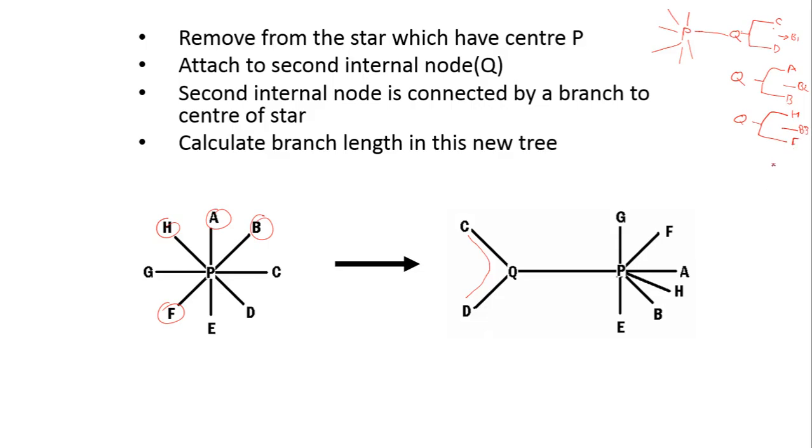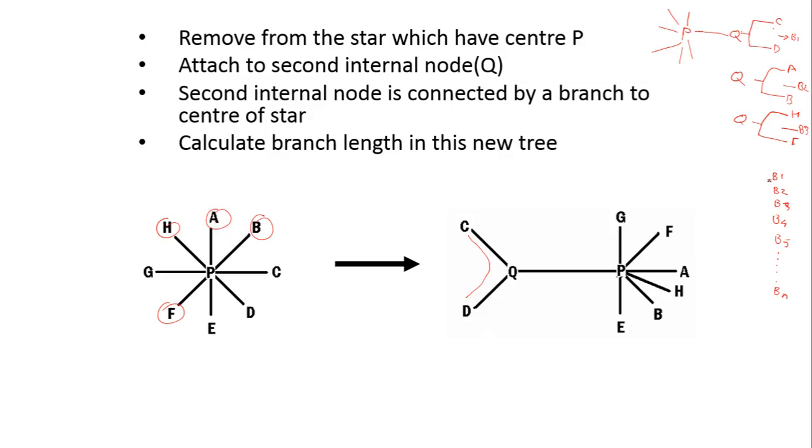So at the end of this step you would have different branch lengths, B1, B2, B3, B4, B5, and so on till Bn. These branch lengths indicate the different combinations of the sequences that you have been trying out.